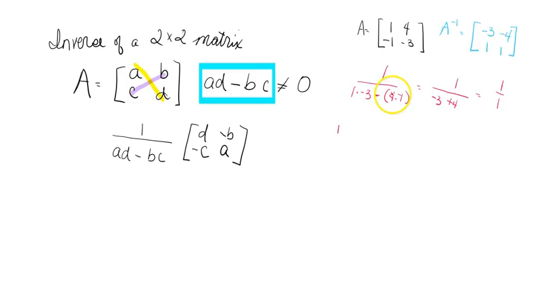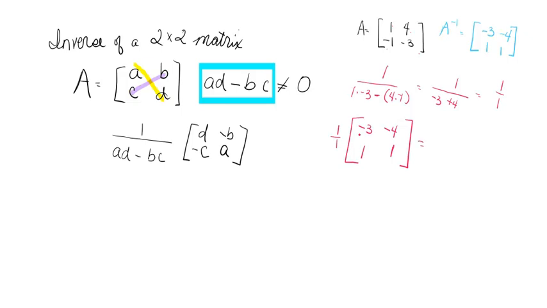So I'm going to take my scalar, which, even though you don't really need to do it because it's a 1 right now, I'm going to go ahead and show it to you anyway. I'm going to multiply that scalar not by A, B, C, D, but I'm going to switch the elements on the main diagonal with each other, and make it negative 3 and 1, and then I'm going to negate the elements on the minor diagonal, so it's going to become a negative 4 and a positive 1.